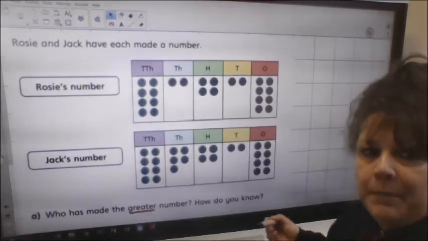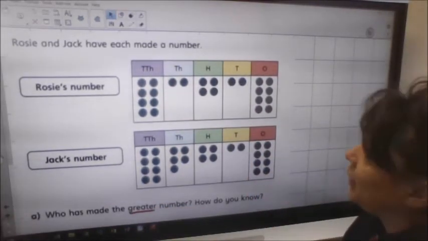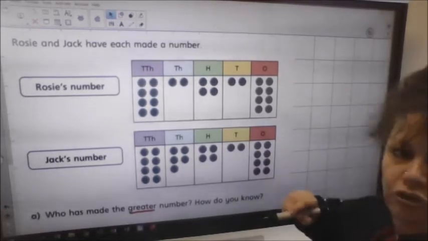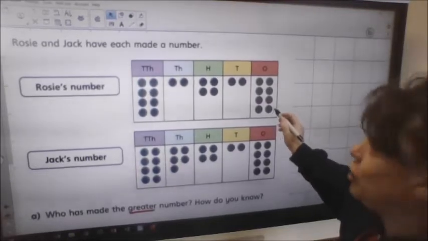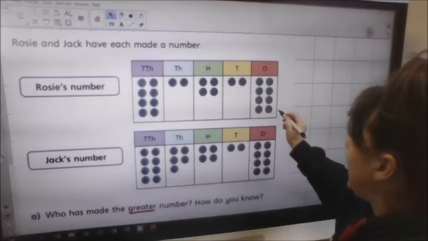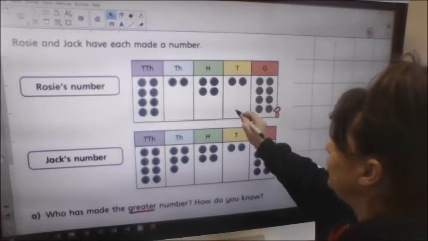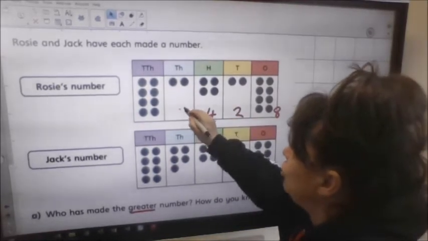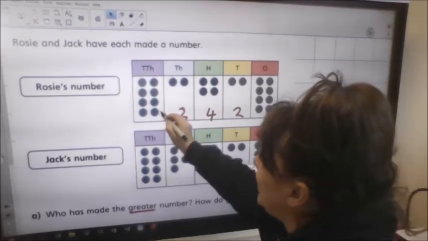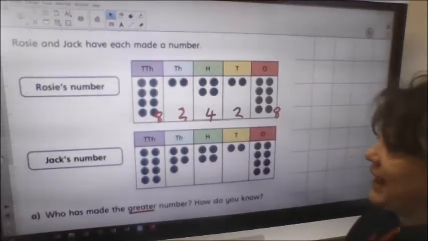Greater number means biggest. So let's have a little look. Let's do a little count, shall we? So here we have got 2, 4, 6, 8 ones there. We've got 2 tens, 4 hundreds, 2 thousands, and we've got another 8 tens of thousands.